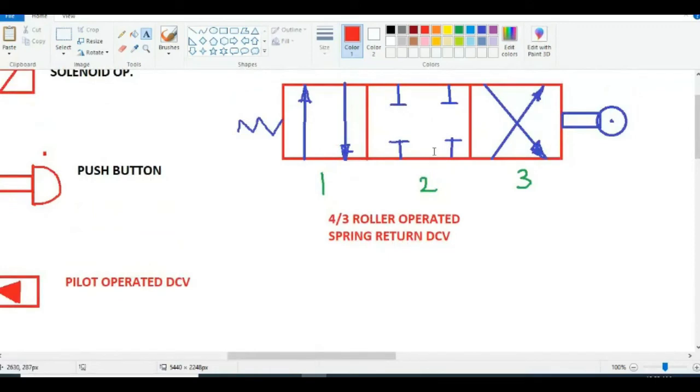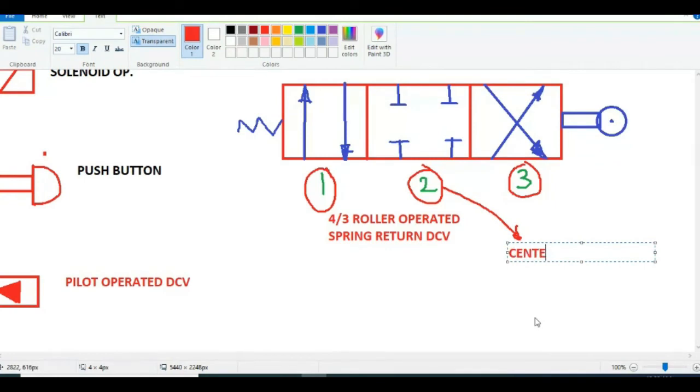Now we have different types of center position. In this case, which one is the center position? This is your first position, this is your second position, and this one is the third position. The second position is called the center position of the direction control valve.